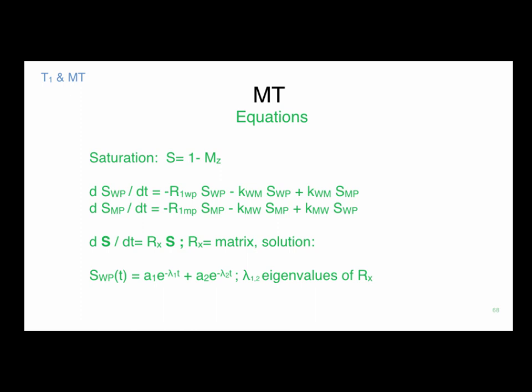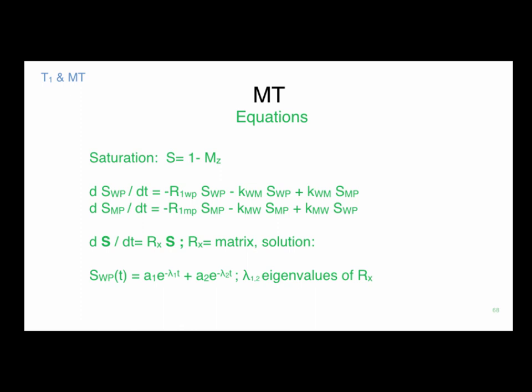That simplifies the equation, and because now you don't have the equilibrium magnetization in the equation anymore, you can write the system of equations as a matrix, right, and the two saturation levels as a vector. So this becomes a differential matrix equation, and that makes it easy to solve, since this system of equations can be solved by just looking at the eigenvalues of this relaxation matrix.